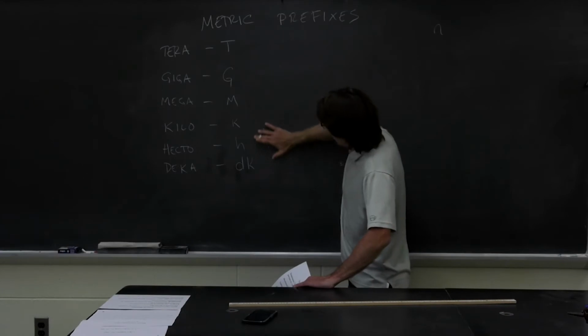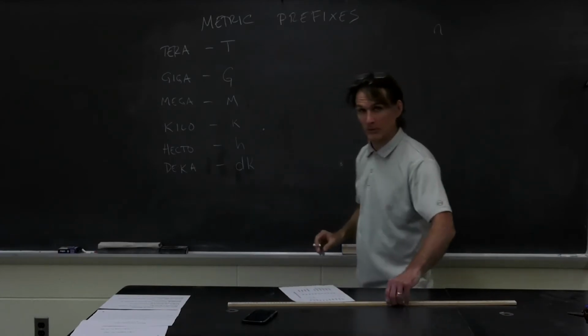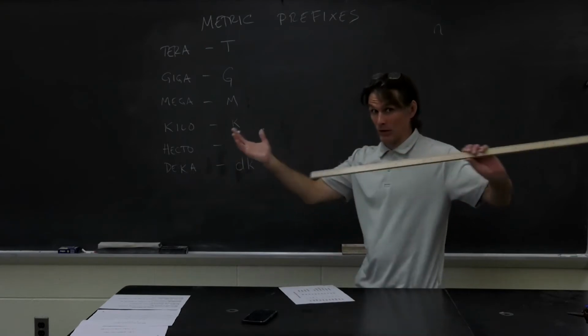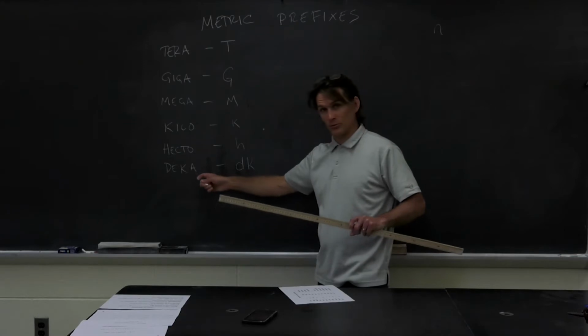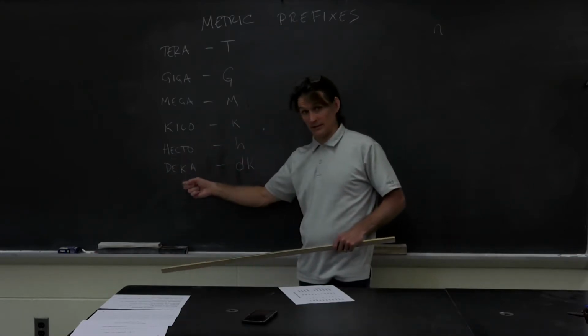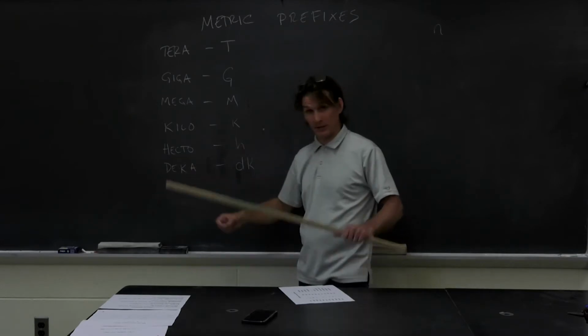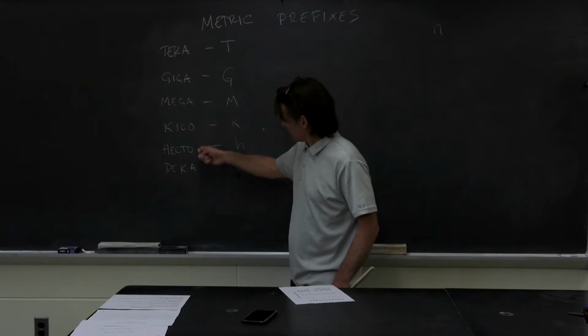So these are all prefixes that we use to take this meter and blow it up. So a decameter, we're actually taking the meter and we're making it 10 times as big. Deca, decade. A decade is 10 years. A decameter is 10 of these. Each time we go up, we're going up by a factor of 10 through these 3.